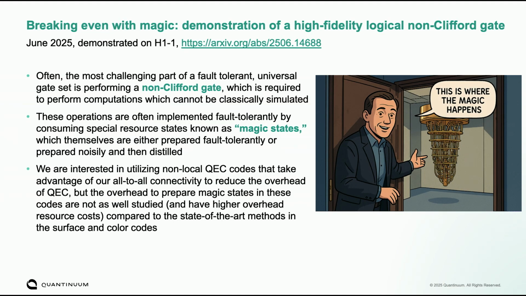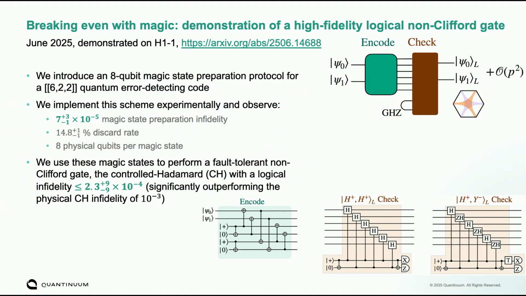And as we're interested in these non-local exotic QEC codes that might offer some scaling advantage if we have this all-to-all connectivity, it's important to do some work on these magic states because the preparation of magic states in these codes are not as well studied, and they have higher overhead costs compared to the state-of-the-art methods for surface and color codes.